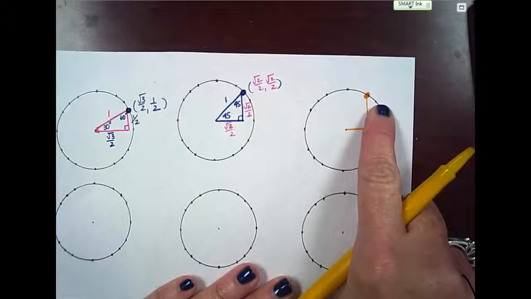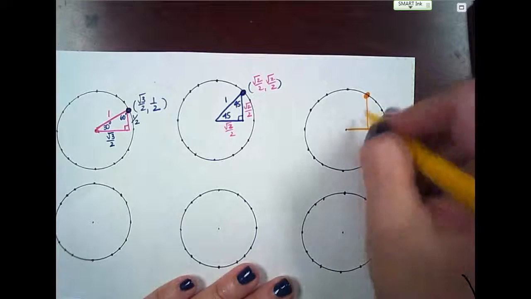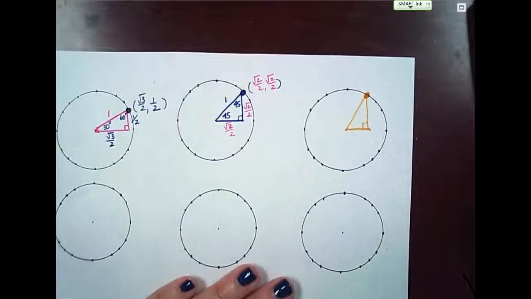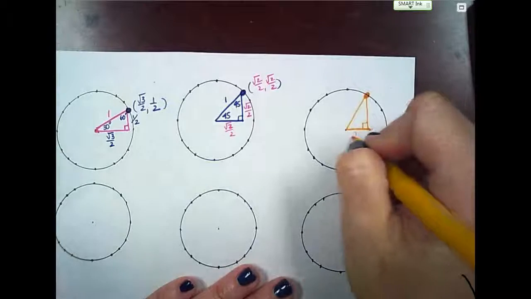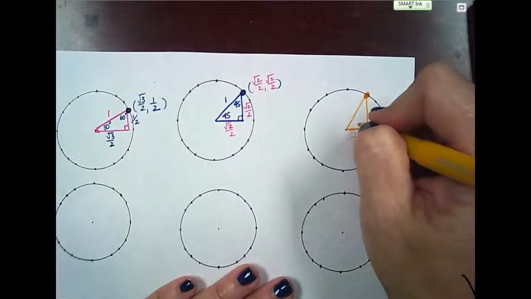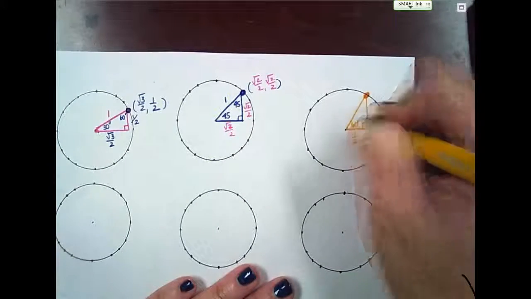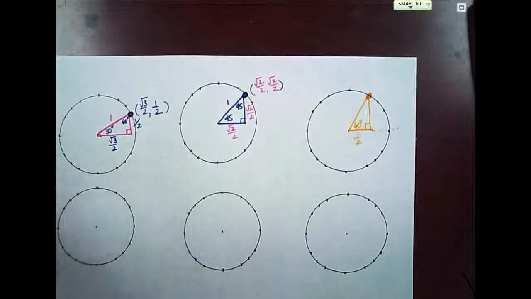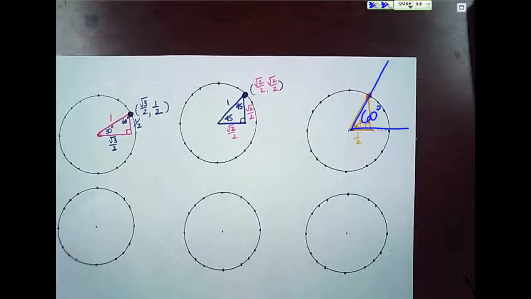What did we decide the short line was? I'm glad you all paid attention because that was a hard question. What's the short line? 1/2. Because this is a 60-degree angle, guys. Isn't it? If you put a dash line there, look. From here to here is 60 degrees. Right?